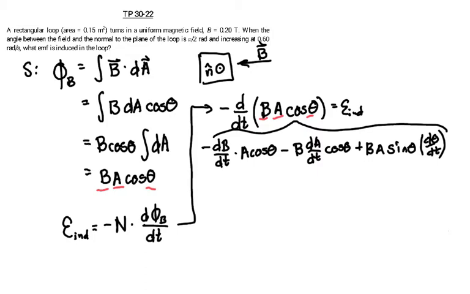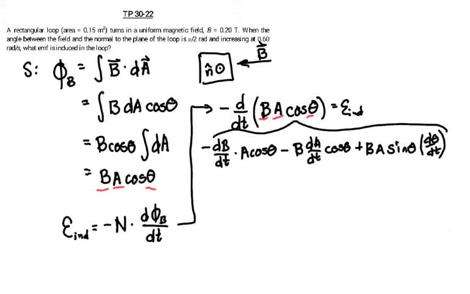In my next term, my magnetic field is now constant, and I'm taking the derivative of my area with respect to time, and my angle of the normal vector of my loop, between that and my magnetic field vector. In the last term, my magnetic field is constant, the area of my loop is constant, but the thing that is changing is the angle with respect to the normal vector and my magnetic field vector.